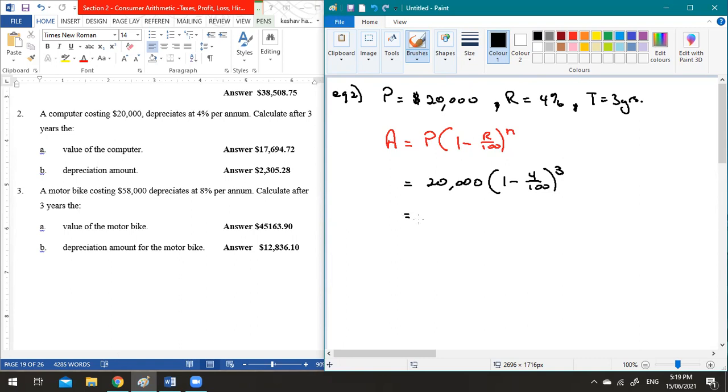Right? So again, you can either use your calculator, or you could work it in steps. If you're working it in steps, you'll have to work the bracket first, 1 minus 4 over 100, and remember 4 over 100 will be 0.04. So 1 minus this should give us 0.96 to the power 3 in bracket.